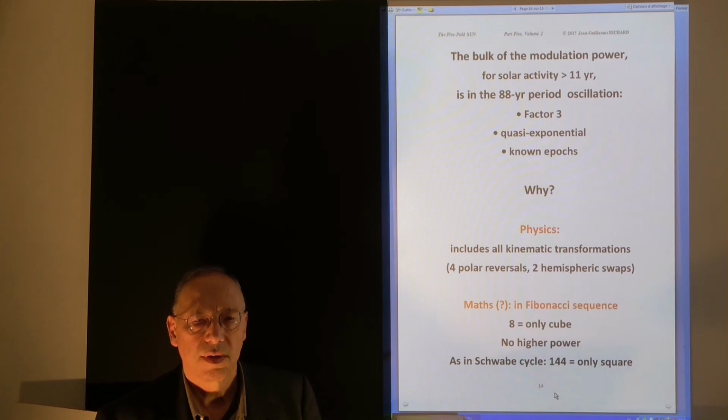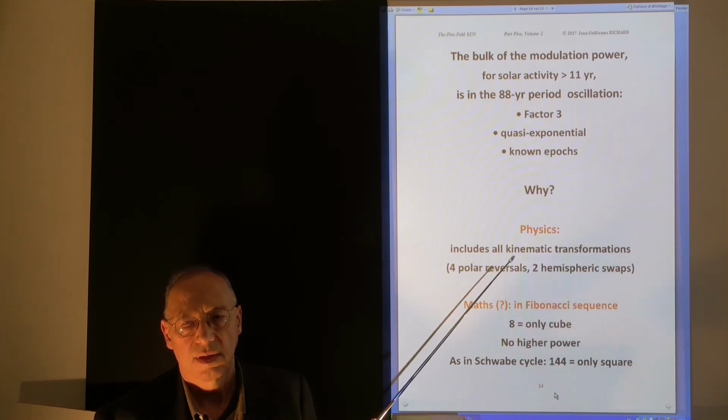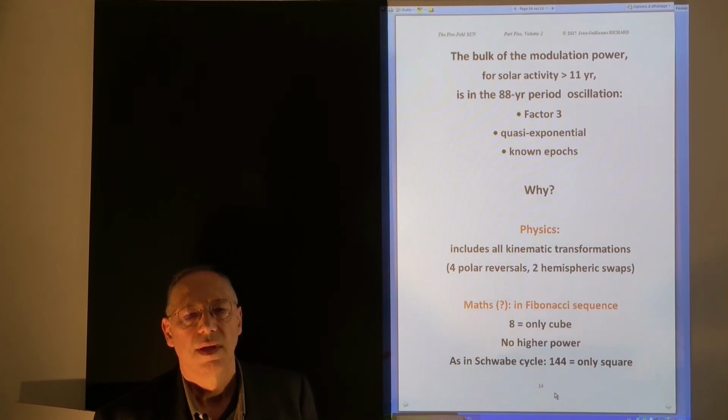Maybe there are poloidal kinematic transformations. But what is known as of today and clearly accepted is what is stated here, and this is underpinning the 88-year cycle.